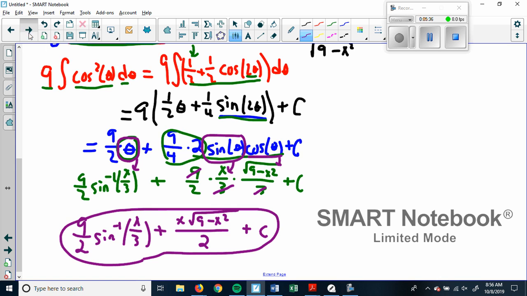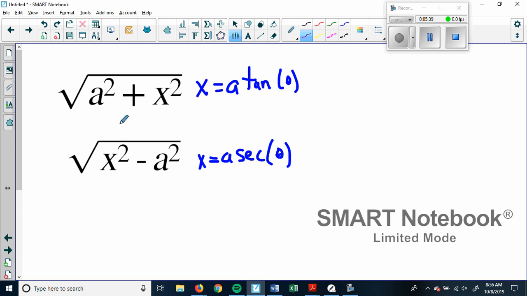But for the next two, if we have a squared plus x squared in an integral, we substitute with x equals a tangent theta, and so then dx equals, as you should know, a secant squared of theta d theta. And if we have the square root of x squared minus a squared, x equals a secant of theta, and dx equals a secant theta tangent theta d theta.